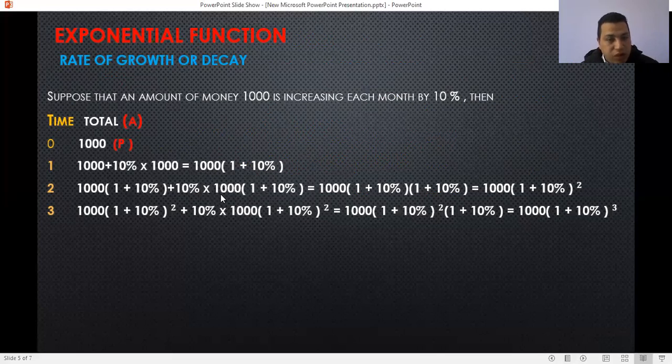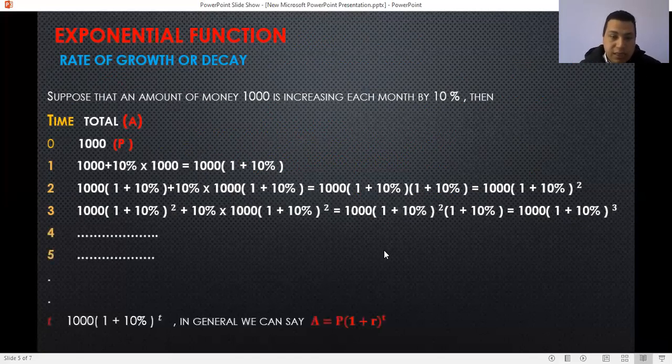We can factor out 1,000 times 1 plus 10% like this, and after that you will get this number. Each time you will repeat this operation, and at the end you will get 1,000 times 1 plus 10% all to the power T after T years.